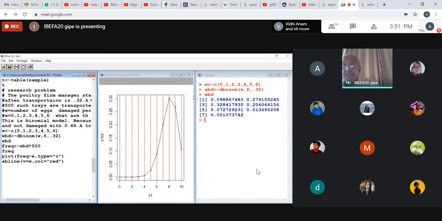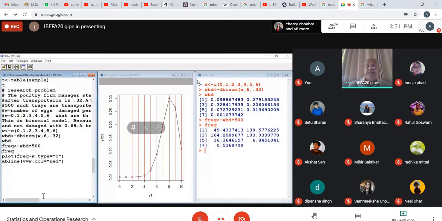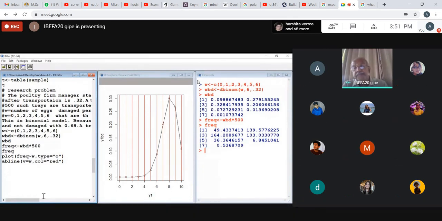Attentive, this is a research problem. So I multiply them and get it. Tell me, what is that, approximately 49? Come on. So it is the number.